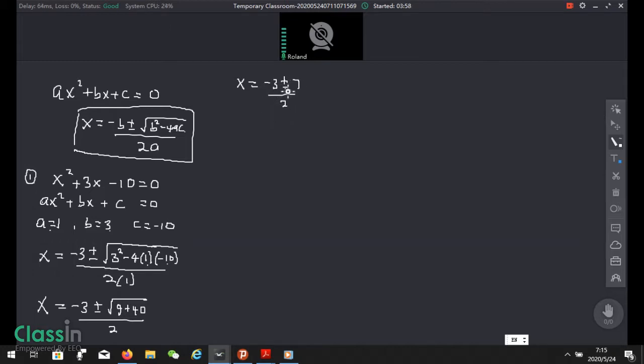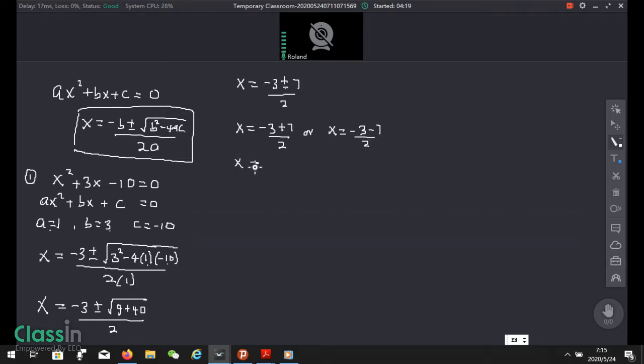This is plus or minus. It means we have to do plus and minus. So x becomes negative 3 plus 7 over 2, or we do minus, and x will be negative 3 minus 7 over 2.